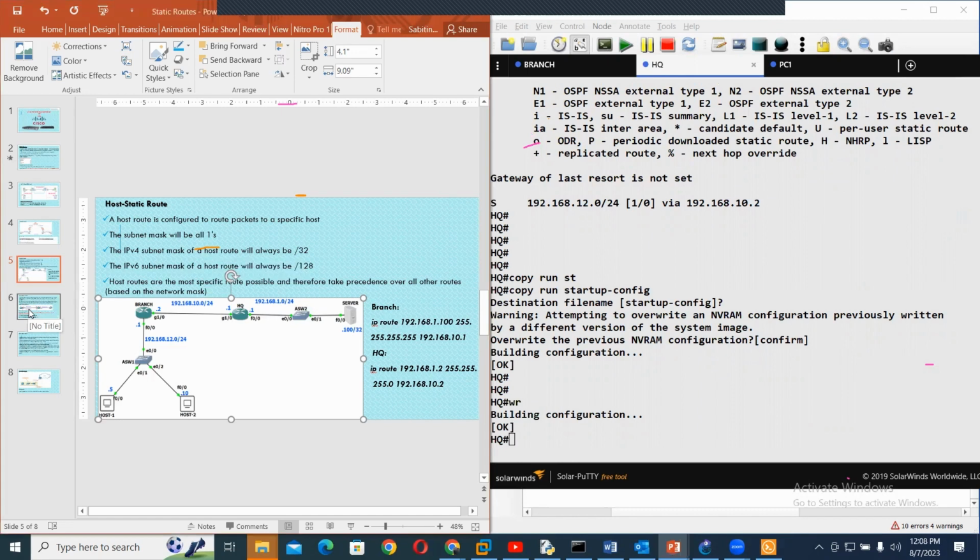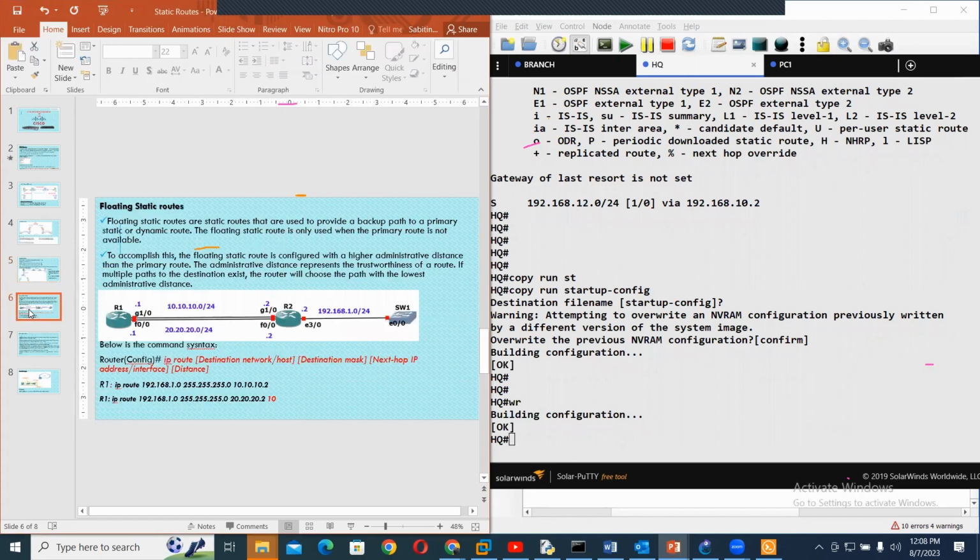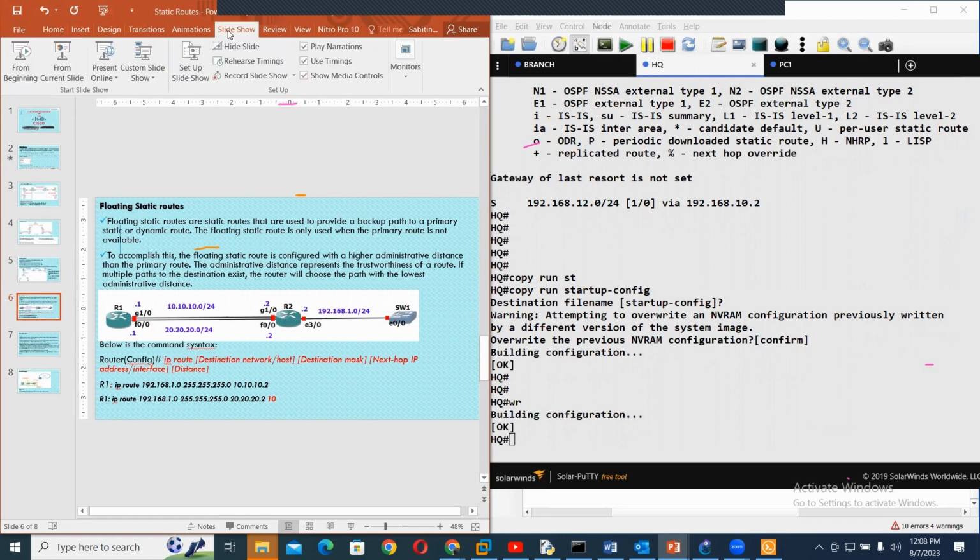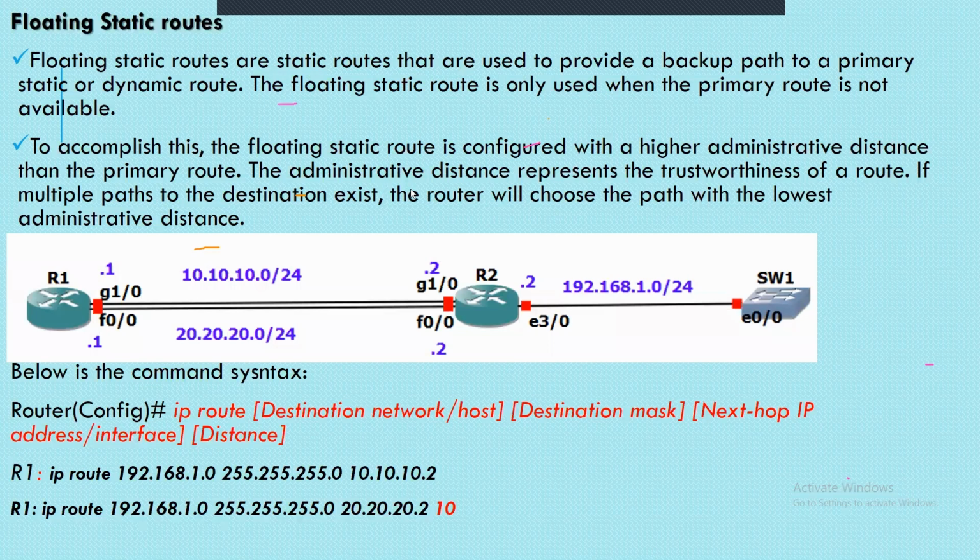Let's go to our next concept. Now we have the floating static route. Floating static routes are static routes that are used to provide a backup path to a primary static or dynamic route. The floating static route is only used when the primary route is not available.